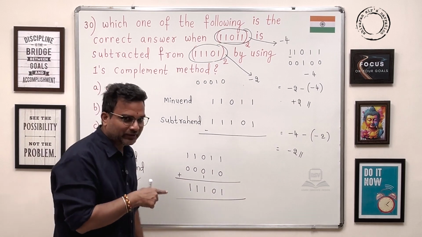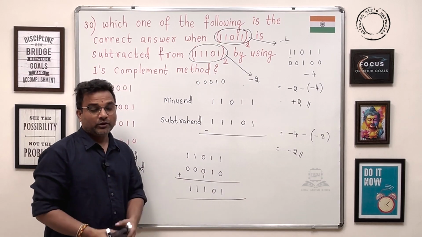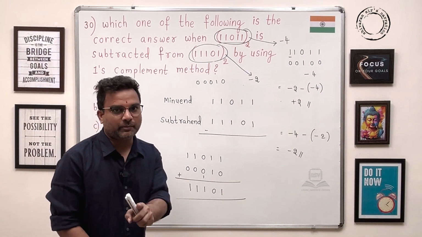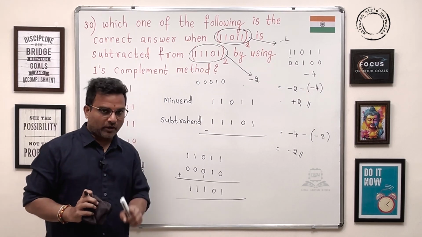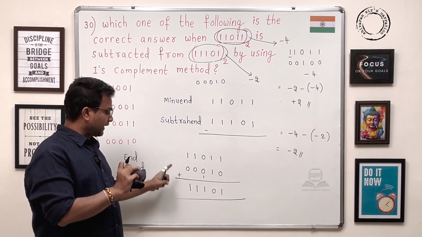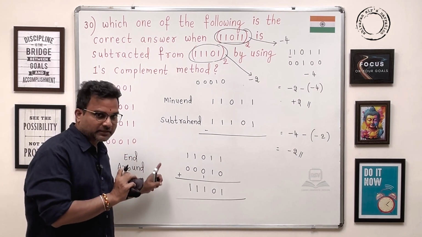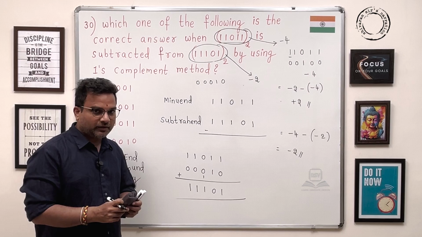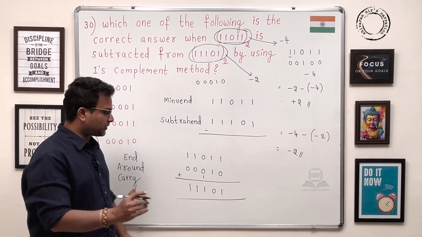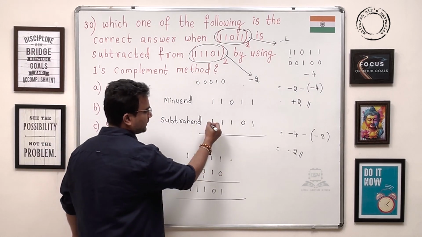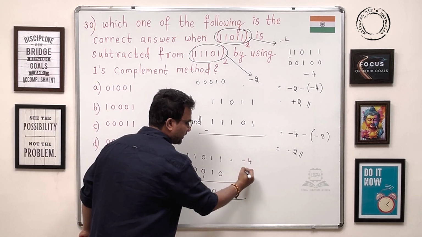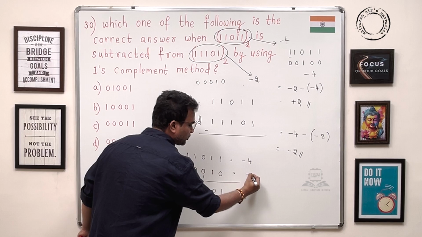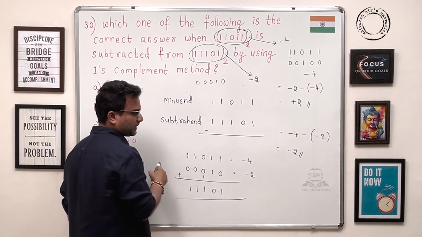Guys, did you get the carry? No. If you don't get the carry, remember the result is negative. That represents a negative number, but I want the answer right. Usually what is this? You took this one only, which is minus 4, and this is minus 2 in 1's complement representation.